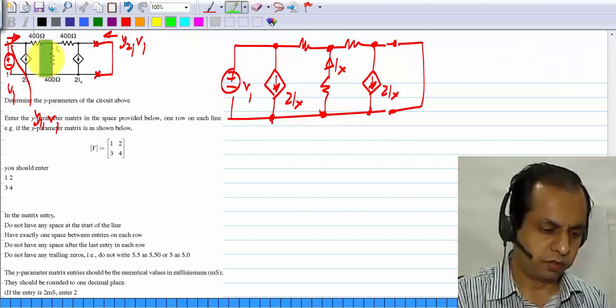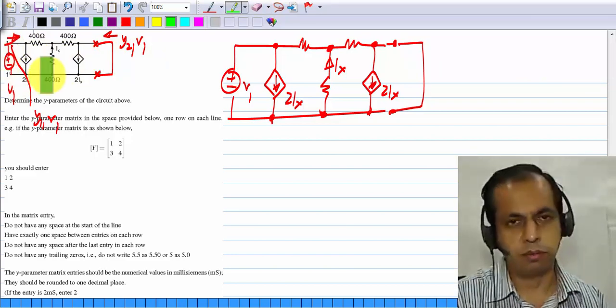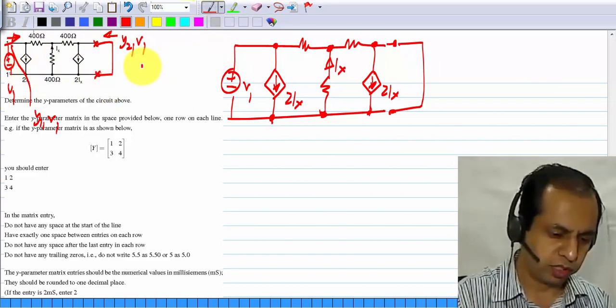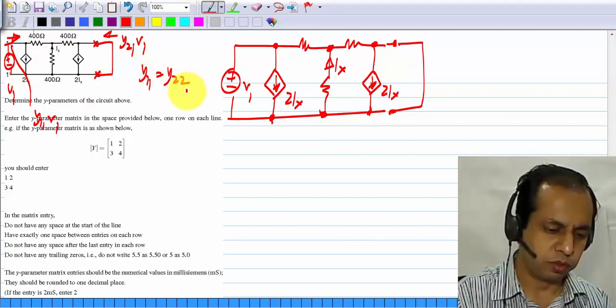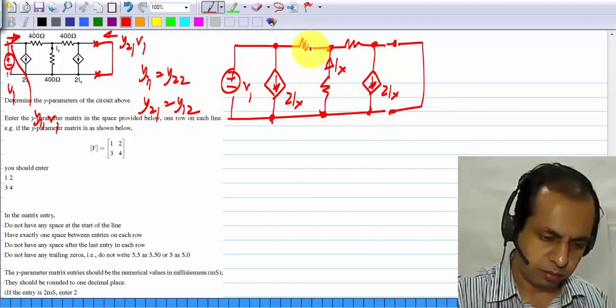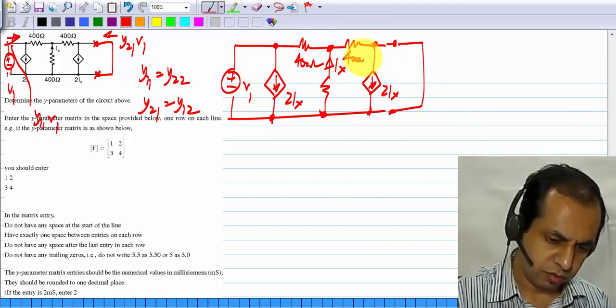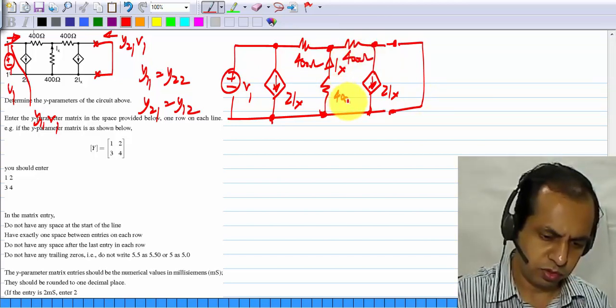First of all, the network is symmetric completely, right? So it looks the same way from port 1 and port 2. So you expect that y11 equals y22 and y21 equals y12. And when you apply V1 like this, what happens? This is 400 ohms, this is 400 ohms, and this is also 400 ohms.